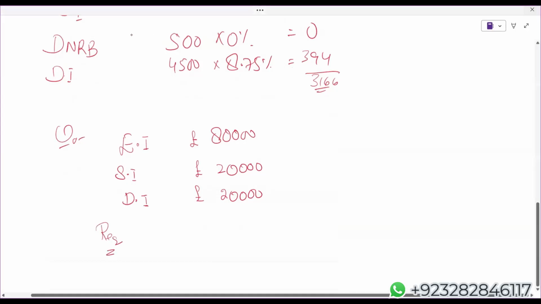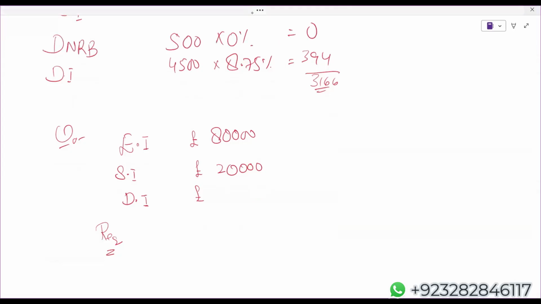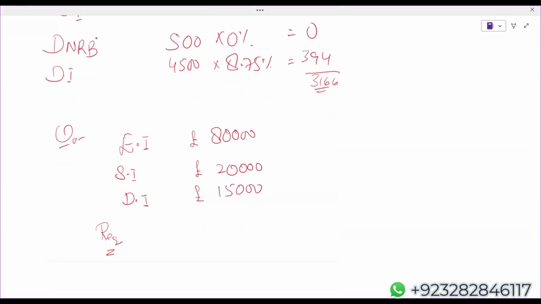Okay, just changing the dividend income to 15. We have pay as you earn, let's say 5,000. I just need income tax payable. I'm giving you around 5 minutes. Every one of you kindly attempt this.